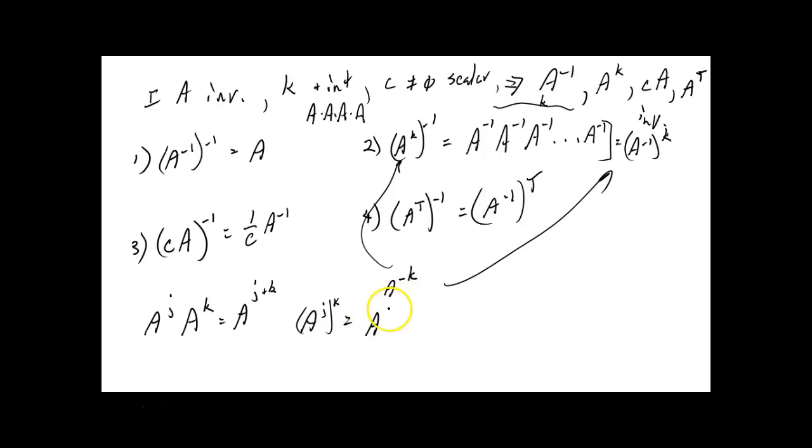A to the J times K. You're absolutely right. Okay? And that's true for any integers. Notice they don't say positive integers. Any integers, J and K.